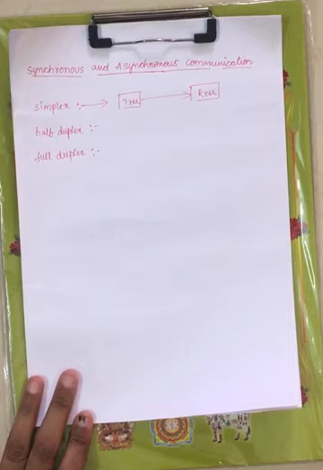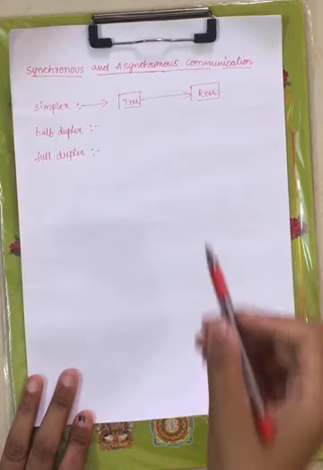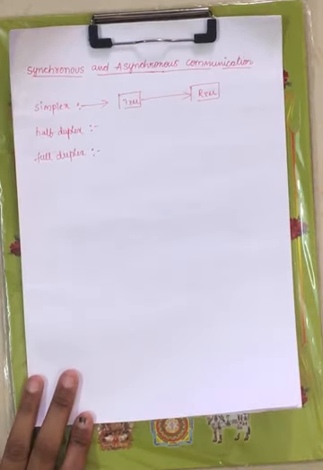Simplex sends information only in one direction, that is, in the forward direction. Only the transmitter can transmit the data and the receiver can receive the data.